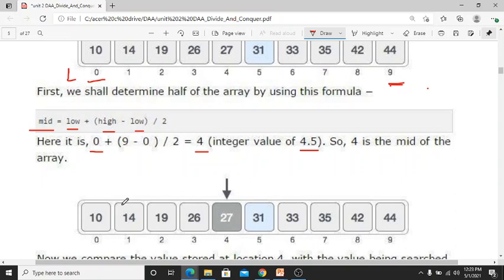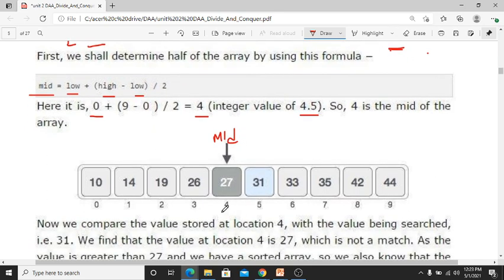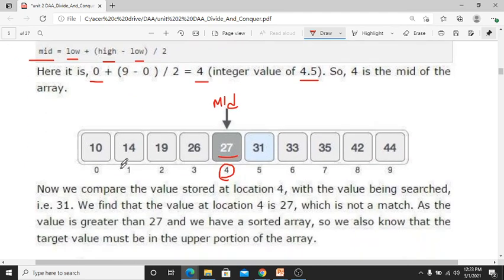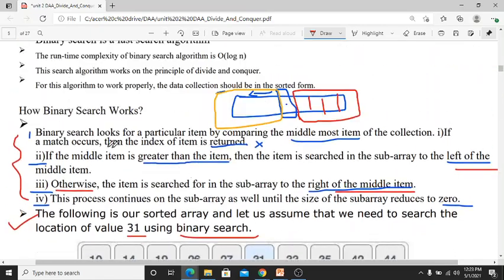So 4 is the mid of the array. Our mid value now is 4. And what is the element at index 4? It is 27. And what are you looking for? We are looking for 31. So here we need to compare.